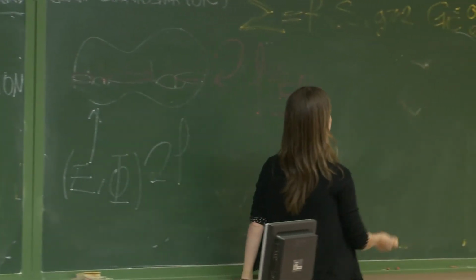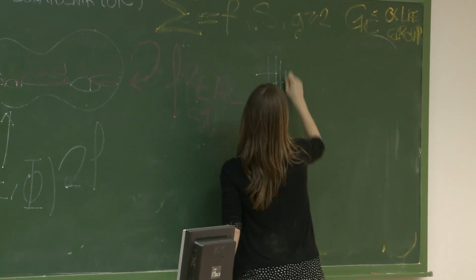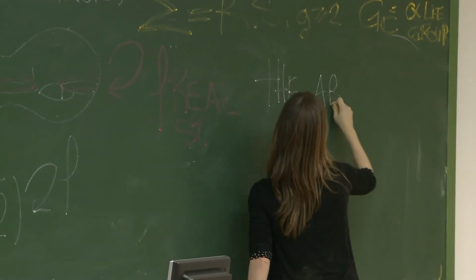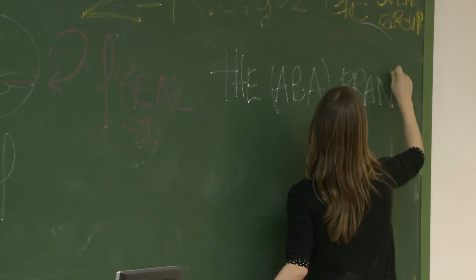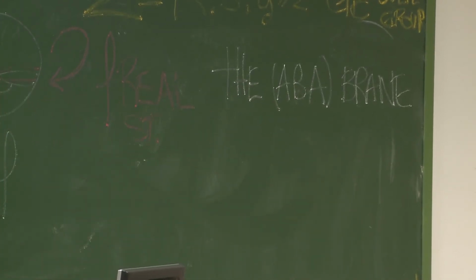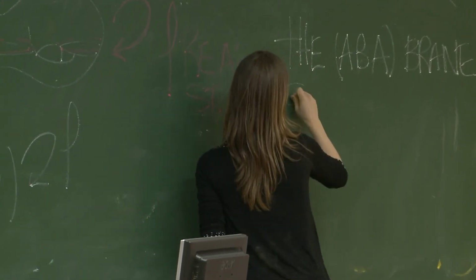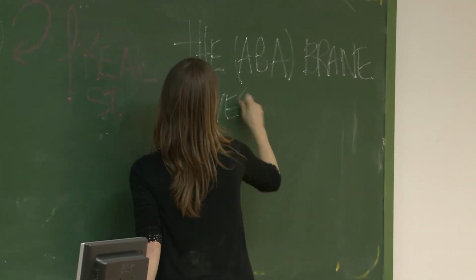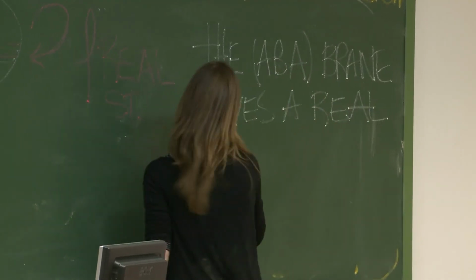So the first thing that we can say is that the ABA brane gives a real integrable system. So inside the Hitchin fibration it gives, instead of a complex integrable system, a real one.